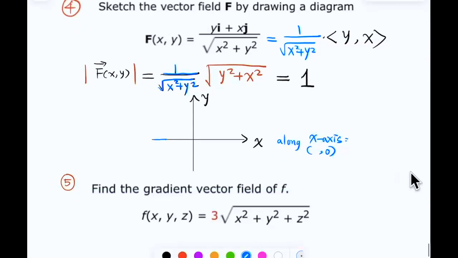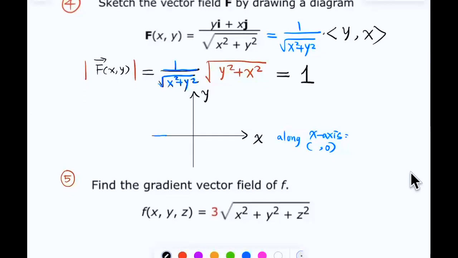Then what happens here to the vector? What will be f of x comma y? F of x comma y will be equal to f of x comma 0, right? So y will be 0.